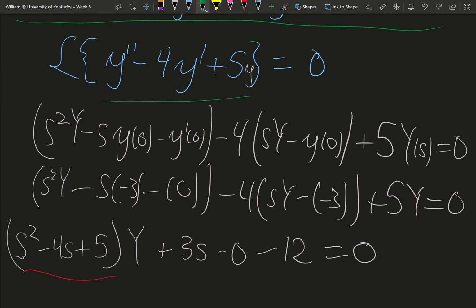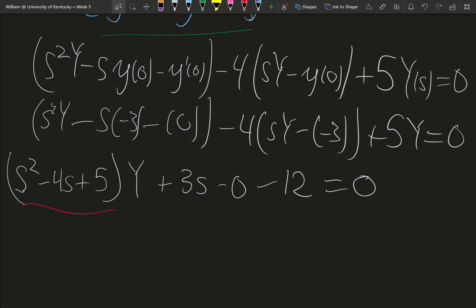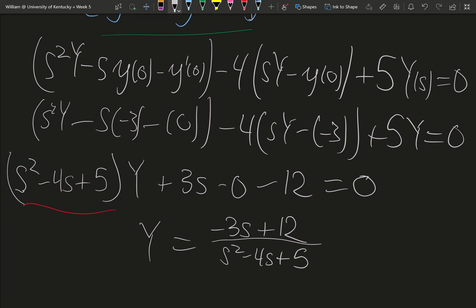Right, so s squared Y from y double prime, minus 4s from the minus 4y prime, plus 5 from the 5y. Moving everything over to the other side, Y equals minus 3s plus 12 all over s squared minus 4s plus 5.